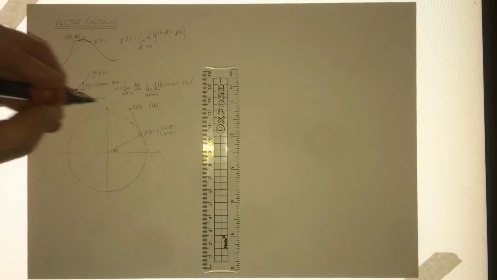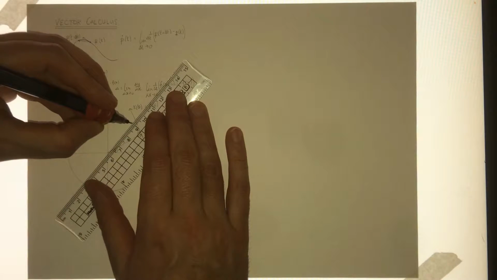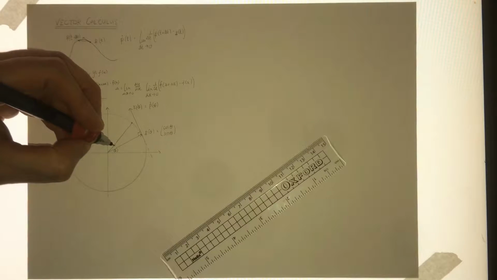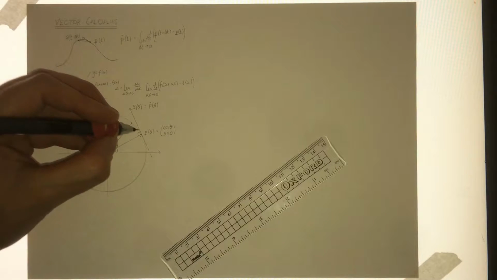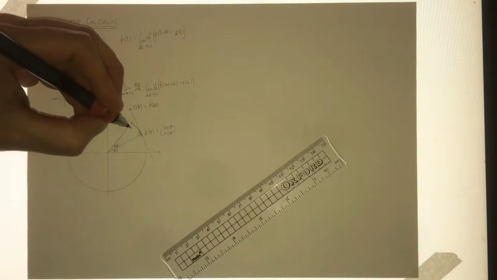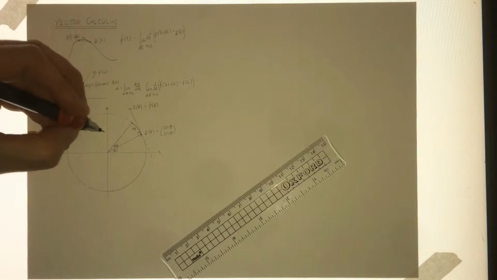So we just take a point a little bit further along our curve, call that change in theta, and notice that this arc length is just the same as that angle, change in theta. Yeah, this is a unit circle.